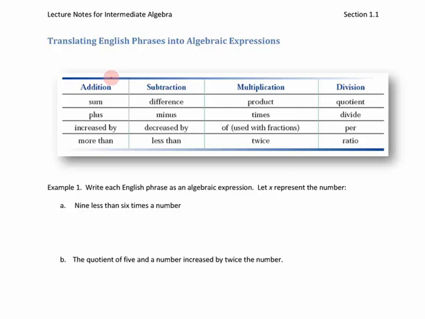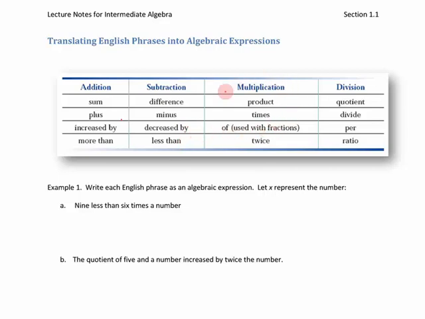For example, if we're talking about addition, we may use words like sum or plus, increased by, or more than. For subtraction, we use phrases like the difference between two numbers, or just minus. Or we can also talk about some number decreased by some amount, or some amount less than another number.